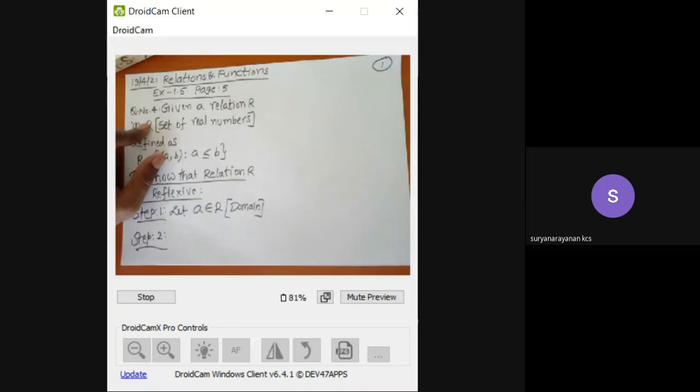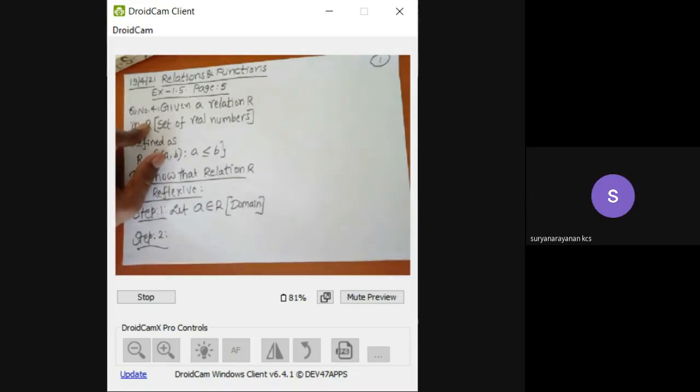If you substitute A in the place of A and B in the relation between A and B, what statement will you get?